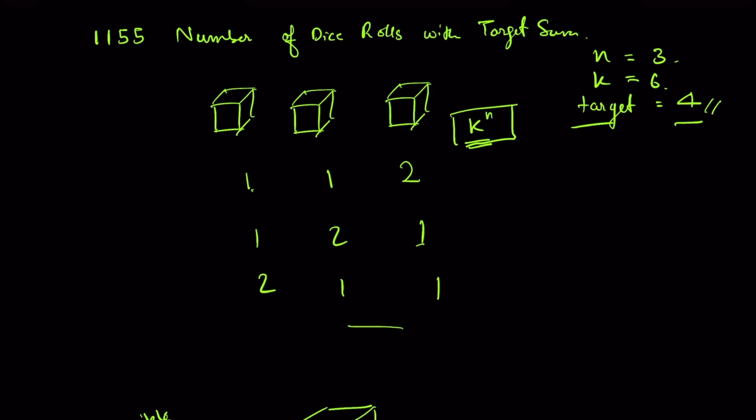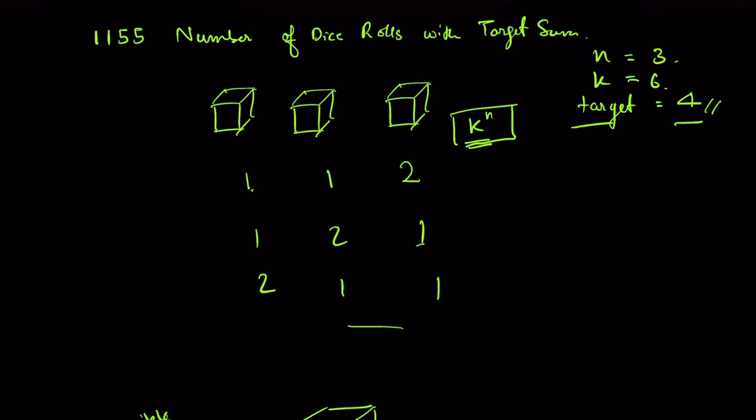So let's say we have three dice, and after rolling them we get 1, 1, 2, then the sum is equal to 4, so this is one of the possible answers. What is the total number of possibilities we can get from these three dice? It's k to the power n.